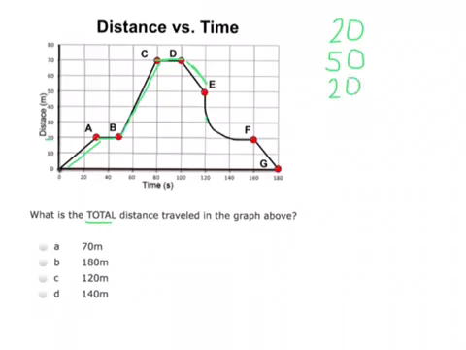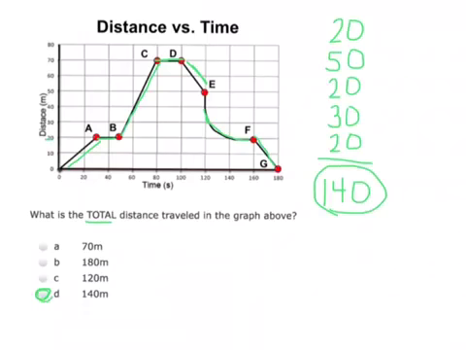E to F went from 50 to 20, so that's another 30 meters. And finally, F to G, from 20 to 0 was another 20 meters. If you add this all up, you get a total of 140. So your answer was D, 140.